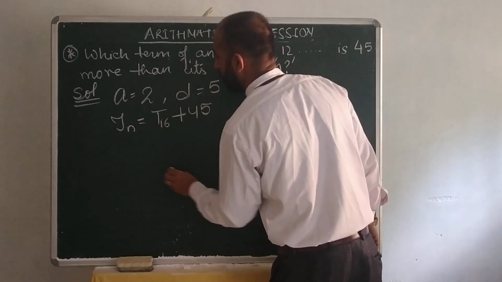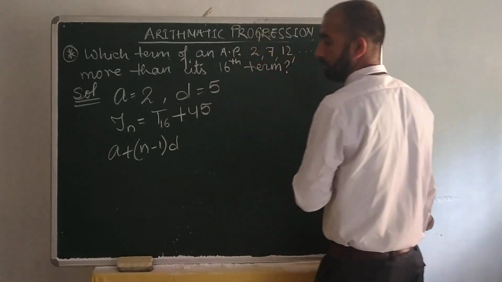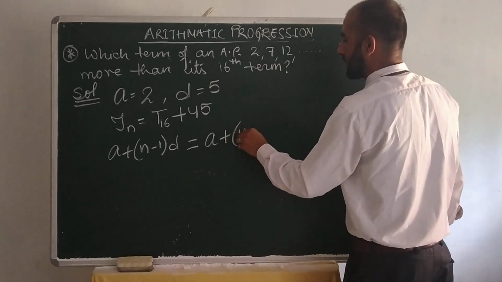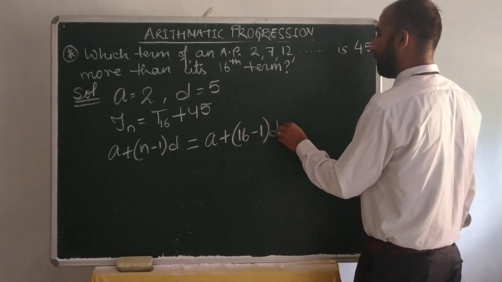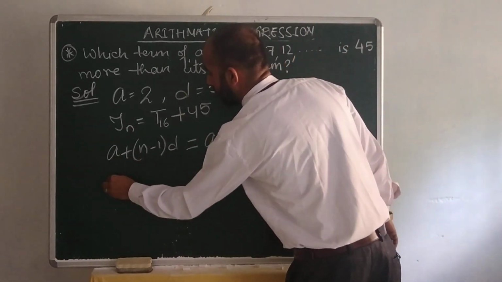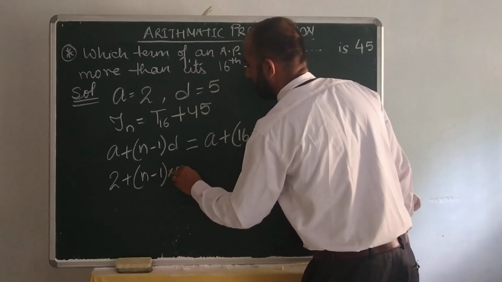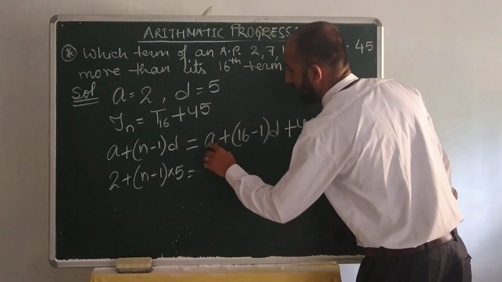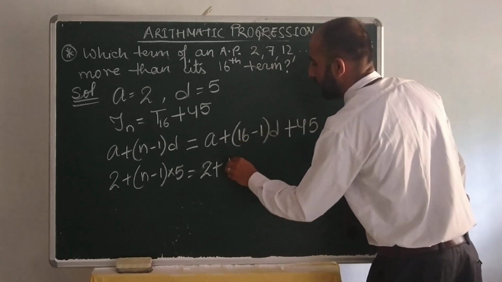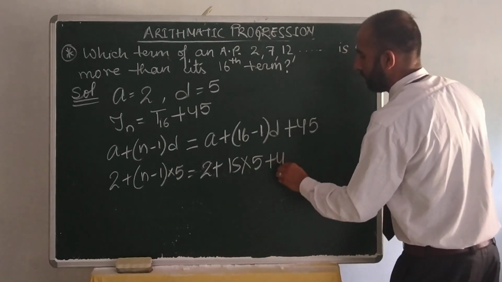Tn formula, a plus (n minus 1) d, will be equal to the 16th term, a plus (16 minus 1) d, plus 45. So a we are given 2, and d we have got 5, so 2 plus (n minus 1) into 5 equals 2 plus (16 minus 1), that is 15, into 5, plus 45.